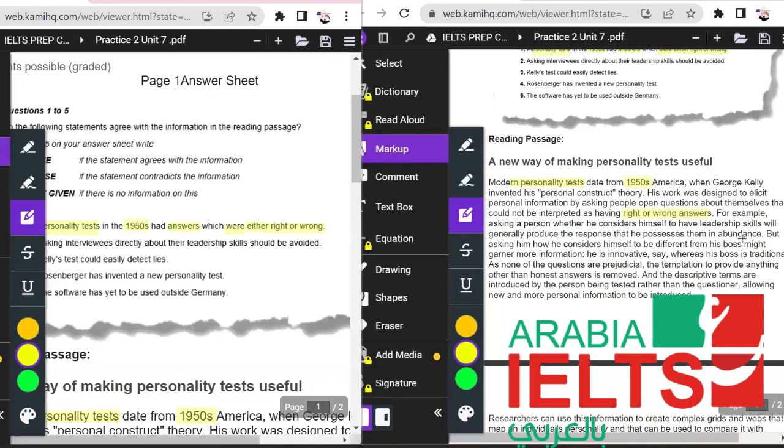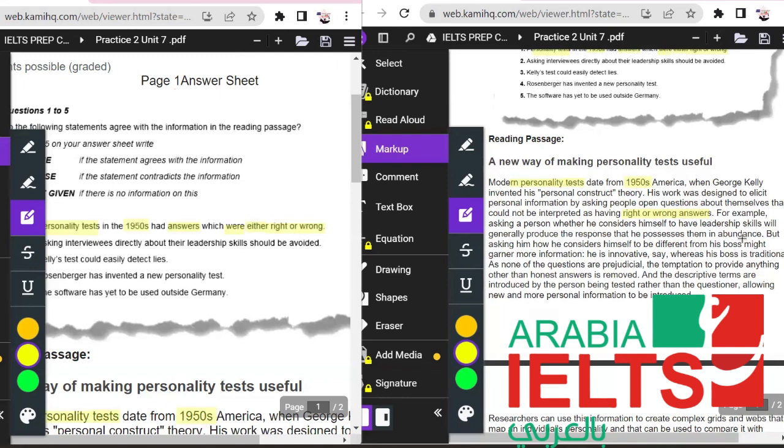Okay, so these types of questions, if you ask somebody in an interview or in personality tests, about whether you have leadership skills, are you a patient person, these types of personality tests or quizzes.